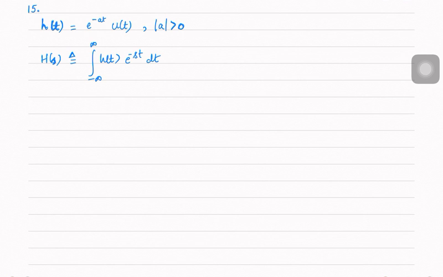I'm going to substitute. So H of s is equal to the integral from 0 to infinity, since u of t is multiplied, of e power minus at into e power minus st dt. This product of exponentials I'm going to write as e power minus (s plus a) t dt.